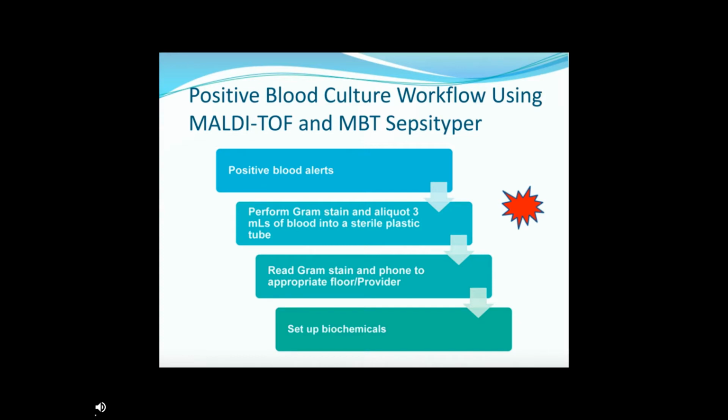But here what we would do is now we would set up our Sepsityper and hopefully have an identification, and we're now able to give the identification the same day as the blood culture was pulled from the instrument, therefore bypassing biochemicals and waiting 24 hours before we have any type of identification.